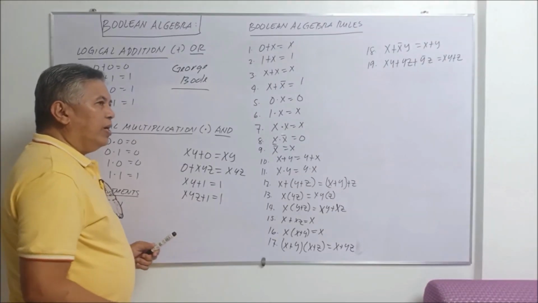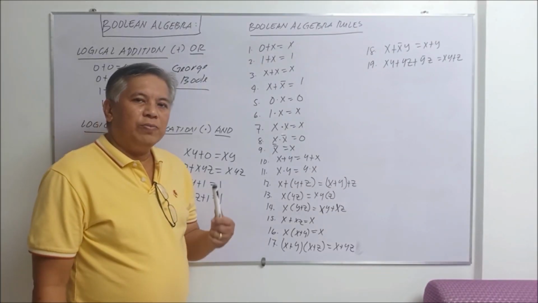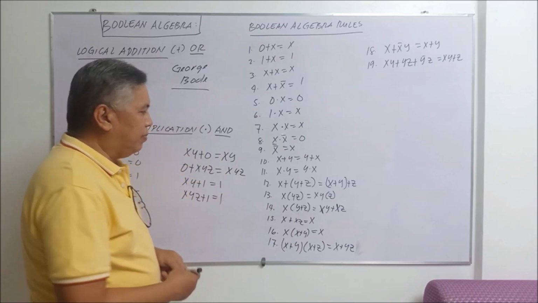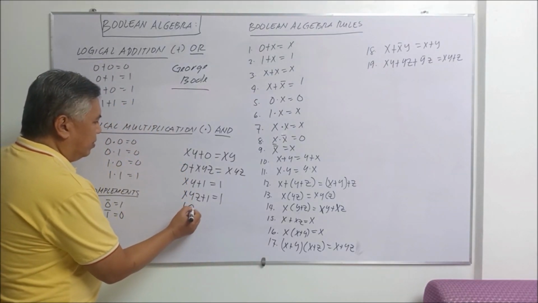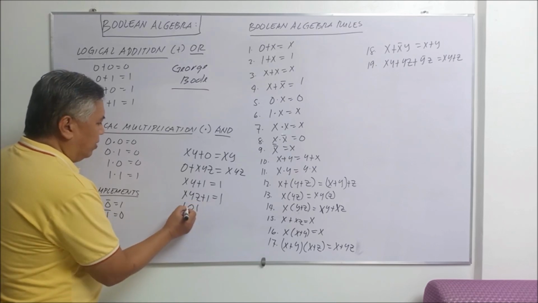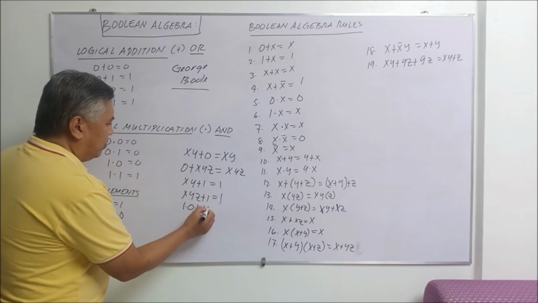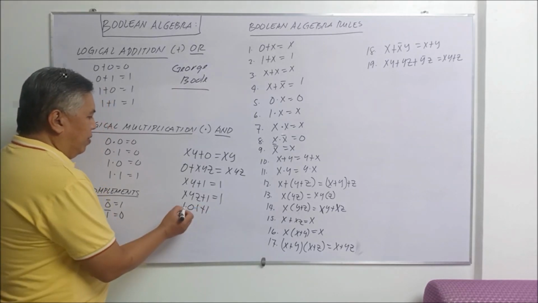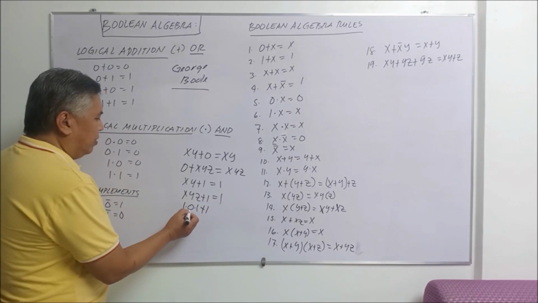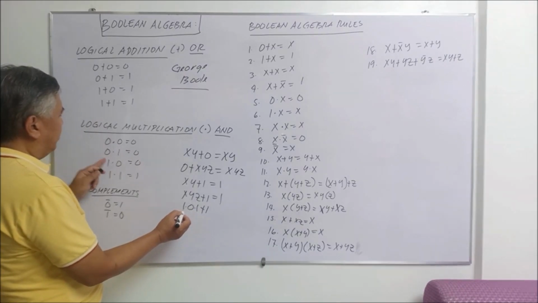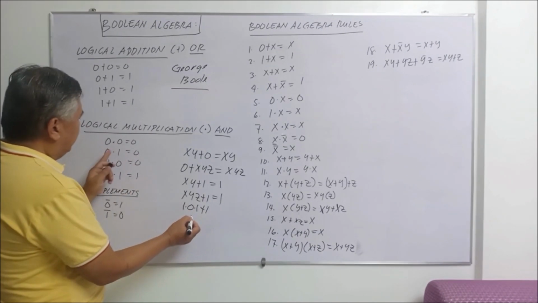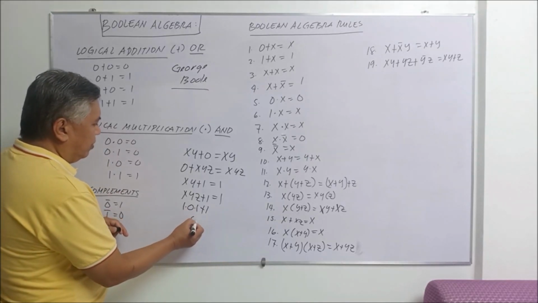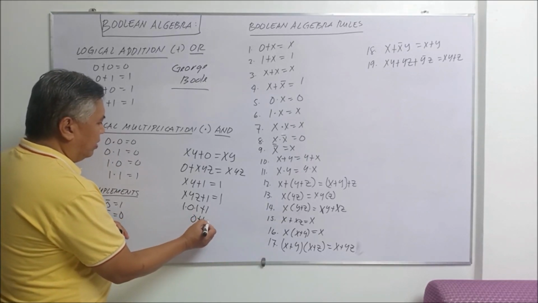We know that x, y, and z can have only a value of 0 or 1. Let's say, for example, x is 1, y is 0, z is 1. So you have 1 times 0 times 1 plus 1. 1 times 0 is 0, and 0 times 1 is equal to 0, plus 1.